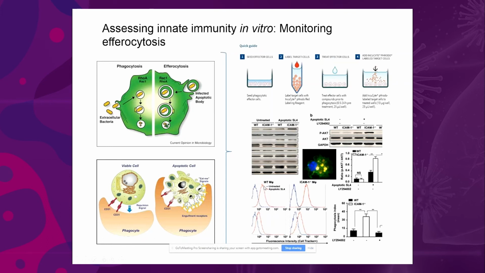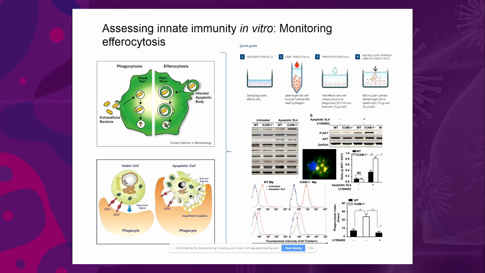We can quantify them by flow cytometry as well. And you can see here with red the apoptotic cells, with the green the untreated cells, and you can see that these cells are taken up in various degrees depending on the treatments and the lack or presence of activators or inhibitors, or the lack or presence of genes.